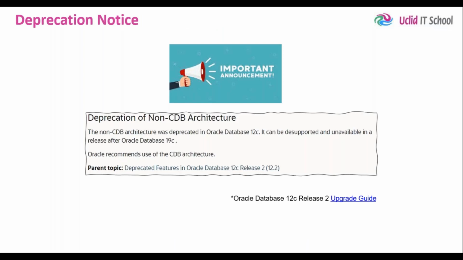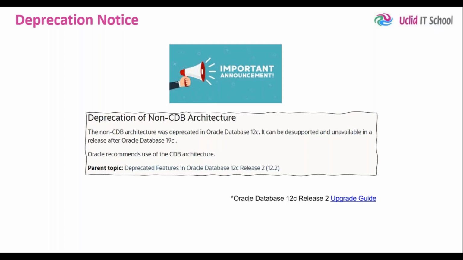Next, deprecation notice. You know, Oracle deprecated non-container architecture in the 12.2 release itself. This is one snippet taken from the 12c release upgrade guide about the deprecation notice of non-container architecture.